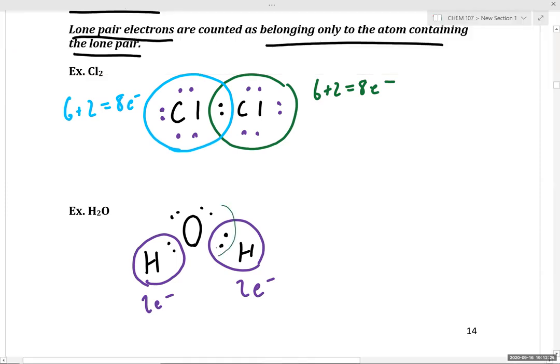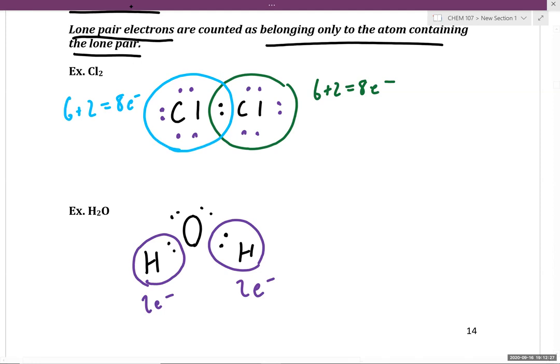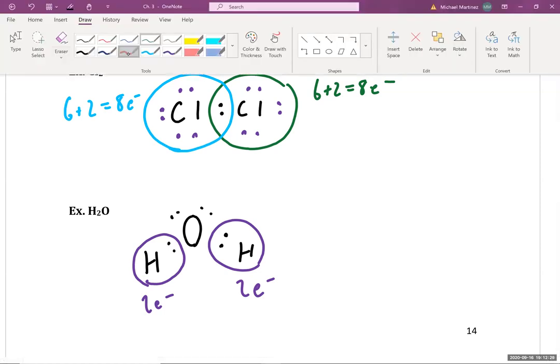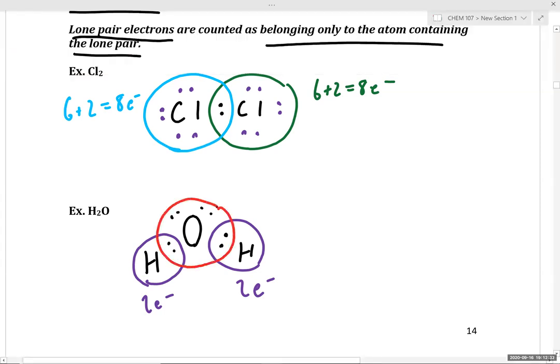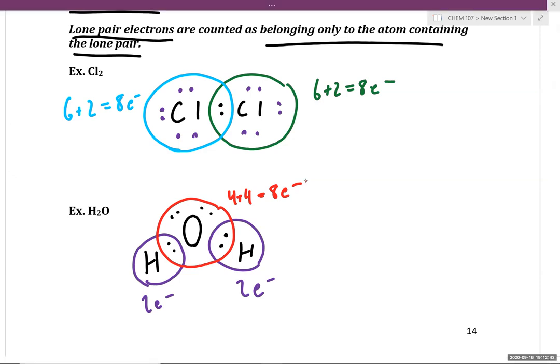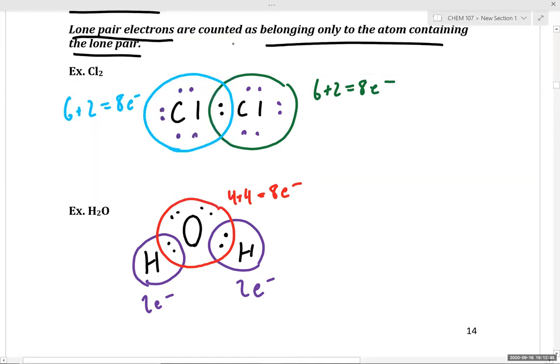And this oxygen atom has 4 plus 4, or 8 electrons to its name. So all of our atoms fulfill the octet rule, or they fulfill a noble gas-like configuration in the case of hydrogen.